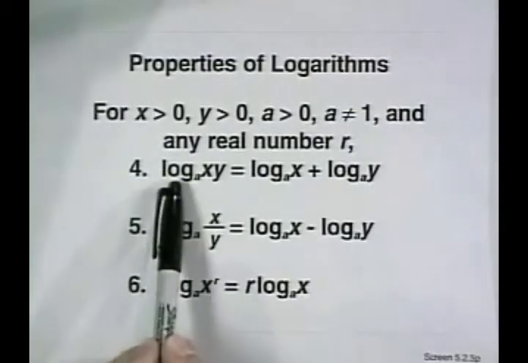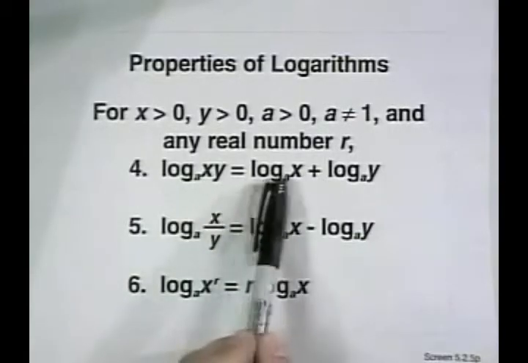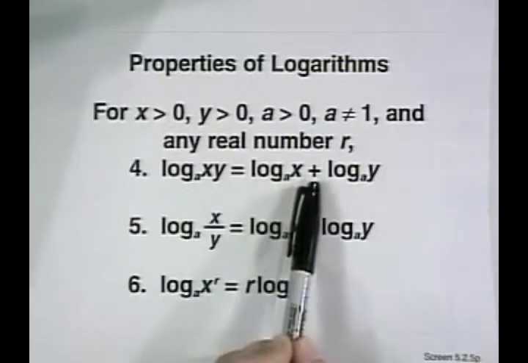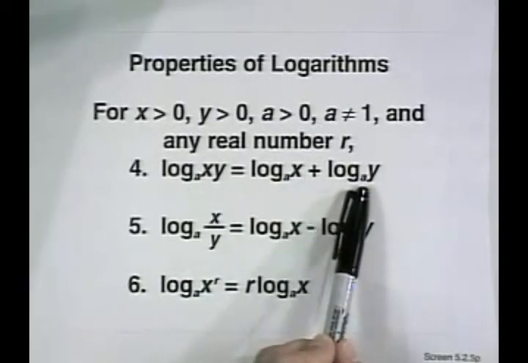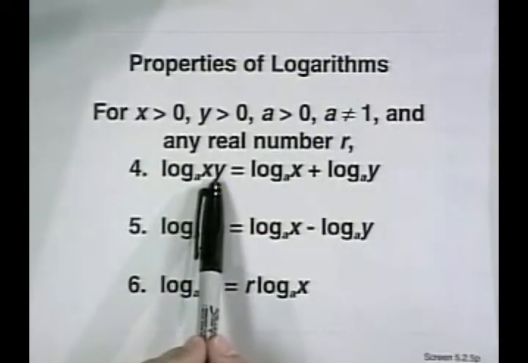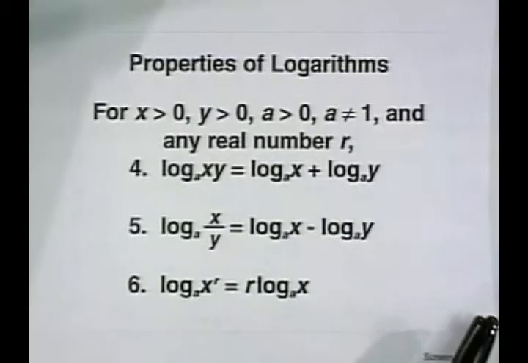Let's look at them. Log base a of the product of two numbers is equal to the logarithm, same base, of the first factor plus the logarithm base a of the second factor. The logarithm of a product is the sum of the logarithms of the numbers.